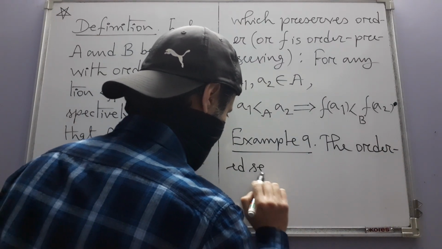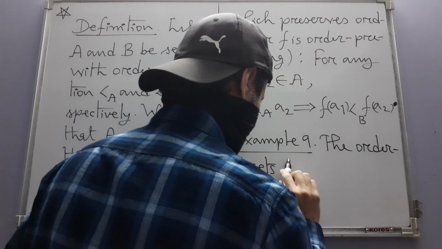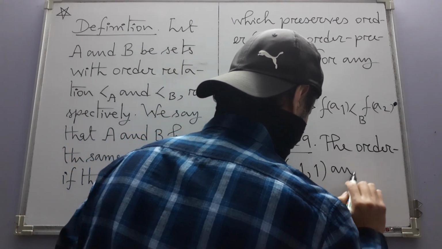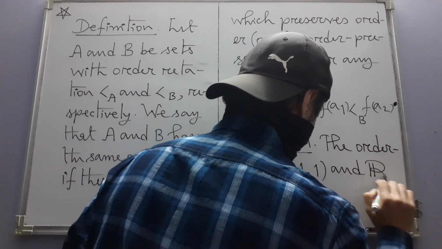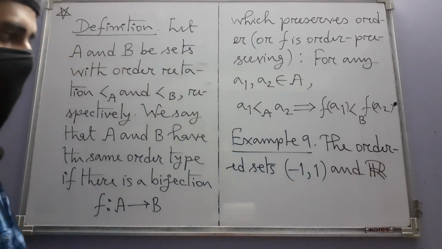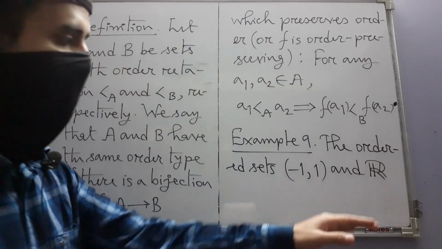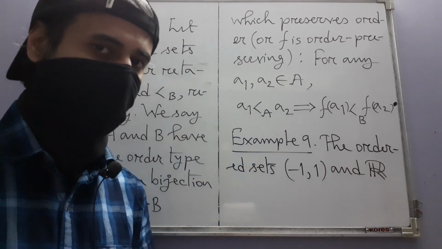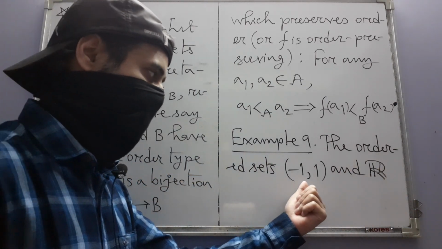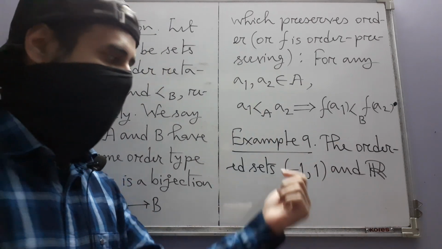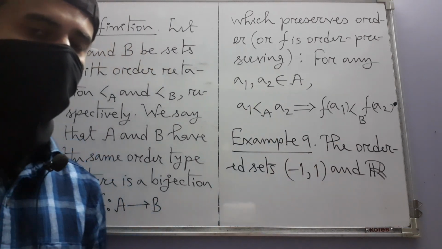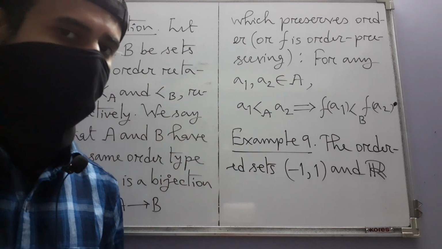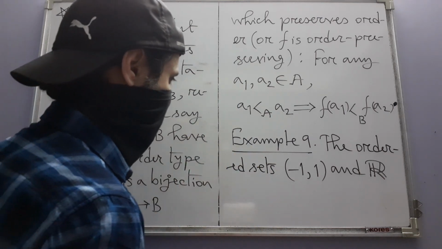The ordered sets (-1, 1) and R, where we are not saying what the order relations are because it's understood that our R has the usual strict less than order on it, and this is just that order but restricted on the subset. So technically we are looking at two ordered sets. They have the same order type.